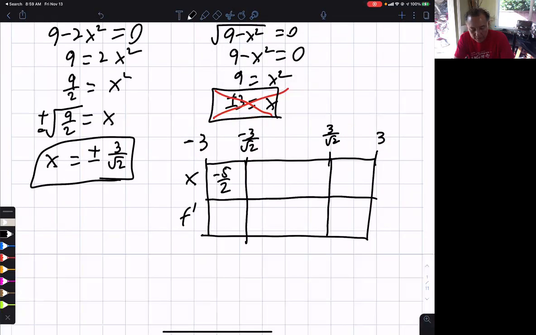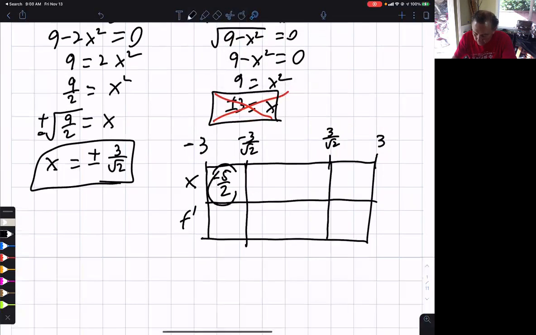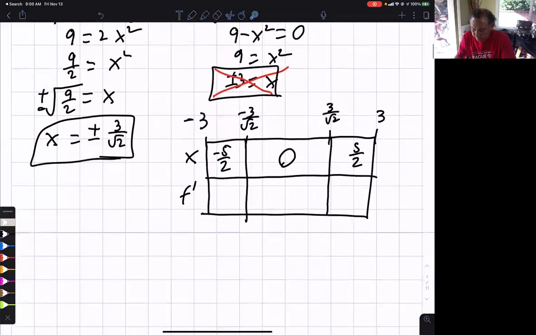So 3 divided by radical 2 is 2.12. So if that's 2.12, and this is 2.5, wow, this is bad. That's negative 2.5, that's negative 2.12, that is between. 0's between those 2, and 5 over 2 is between the last 2. So we're good with that.